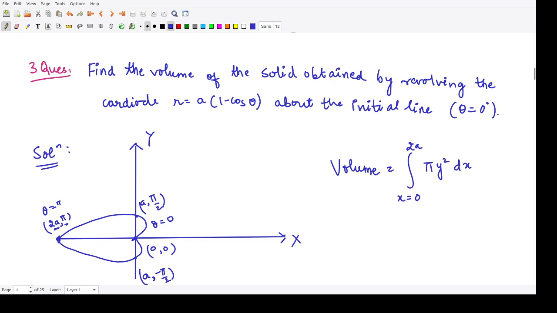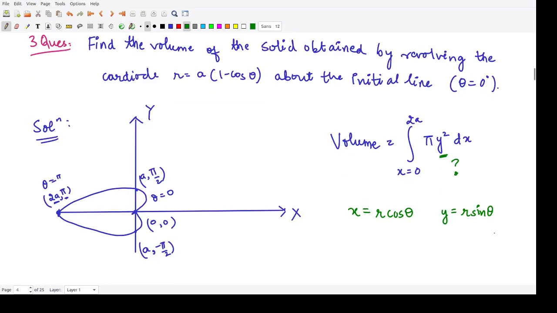Now we do not know what this y is. For that, we know the relation between polar and Cartesian coordinates: x is equal to r cos theta and y is equal to r sin theta. So we need y and we need dx. Firstly, let me calculate y.